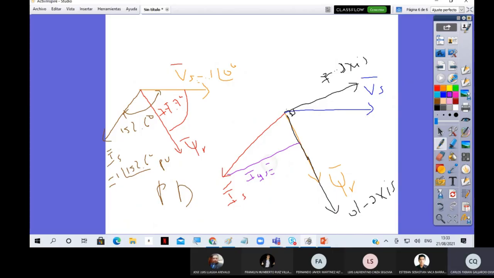And this is equal to negative 0.965 per unit. What about the stator current on the D axis? So I will have here the second component, and this is the stator current on the D axis, and this is equal to 0.261 per unit.